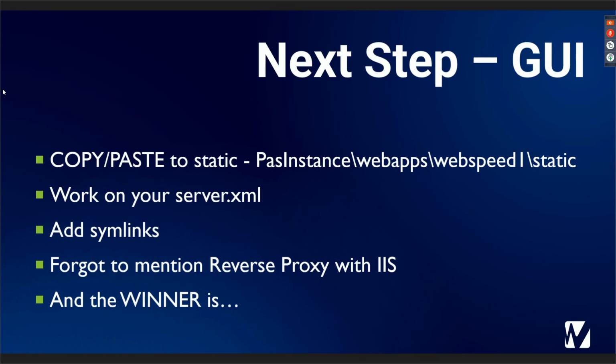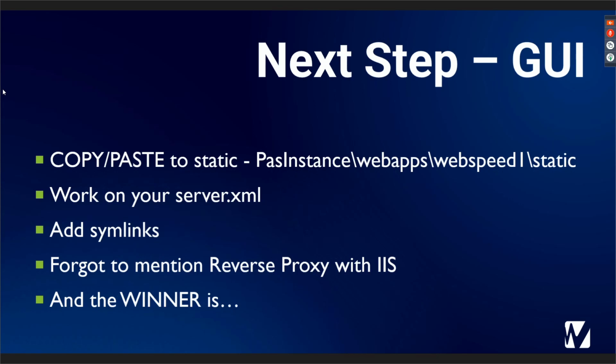And the third option is to add symlinks, and for that you use a command prompt, obviously as admin, and from the concerned web app location, so where we want to have the reference, we do a mklink command to our classic GUI folders.